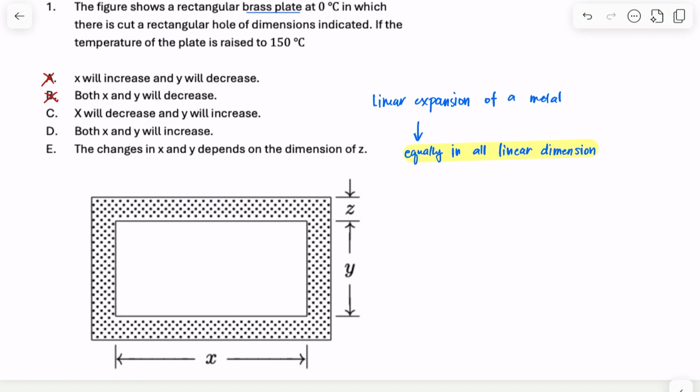For option C, x will decrease but y will increase is again a violation of this statement, so that cannot be the answer. E, the change in x depends on the dimension of z, is generally not true. So the answer is both x and y will increase at the same rate, because as I've said, the linear expansion of a metal occurs equally in all linear dimensions.